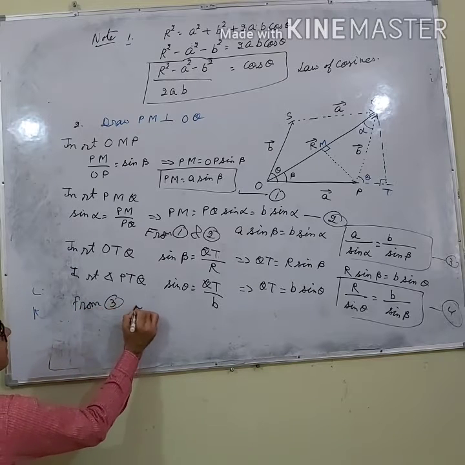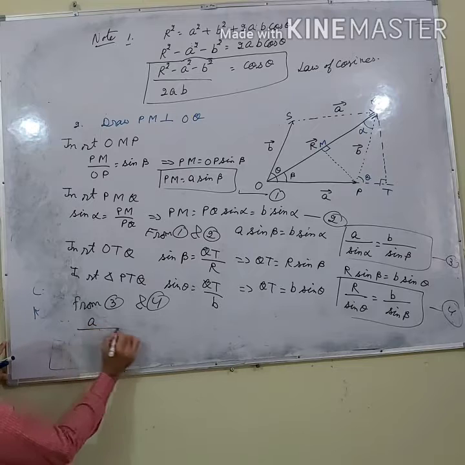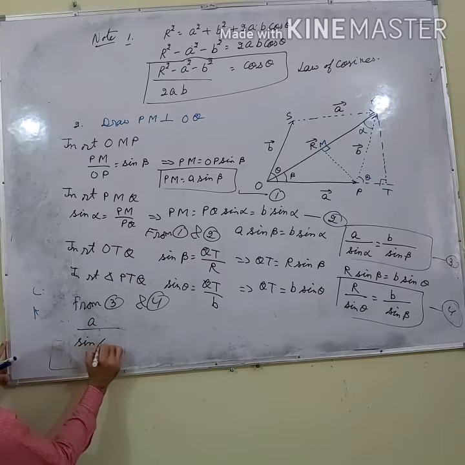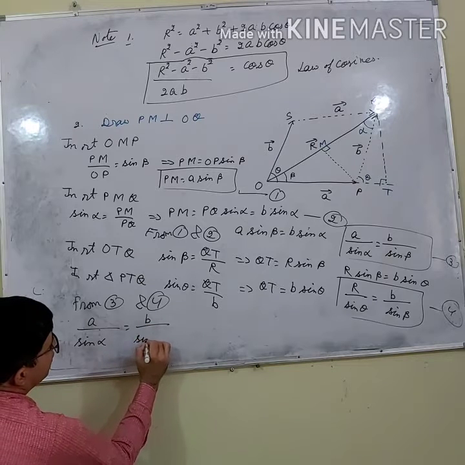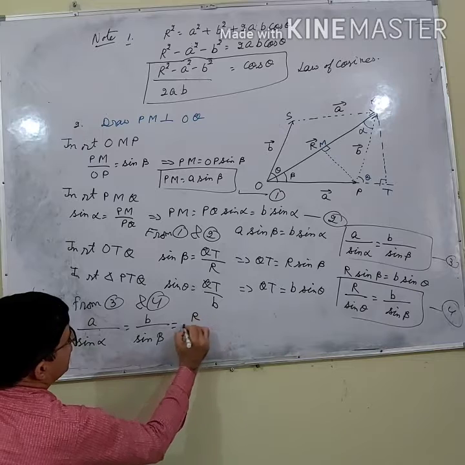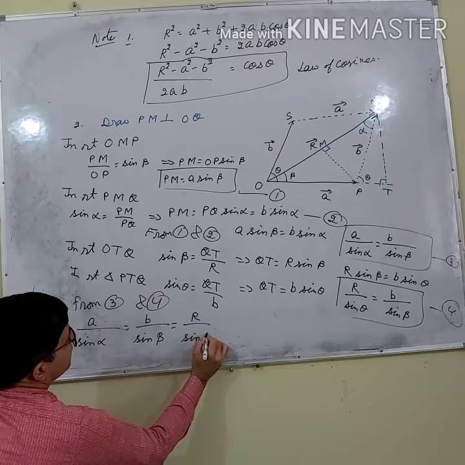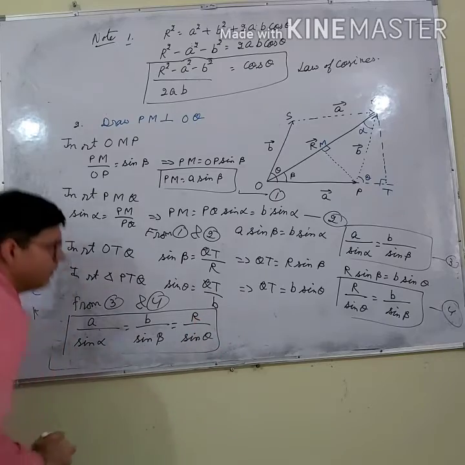A upon sine alpha equals B upon sine beta equals R upon sine theta. Right?